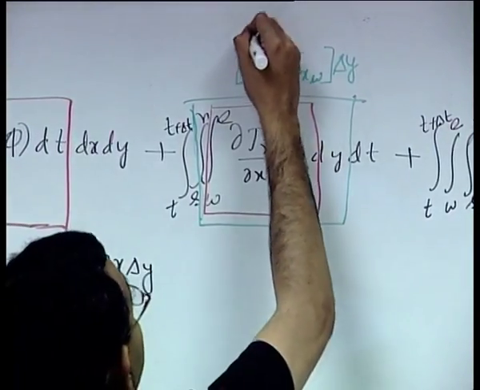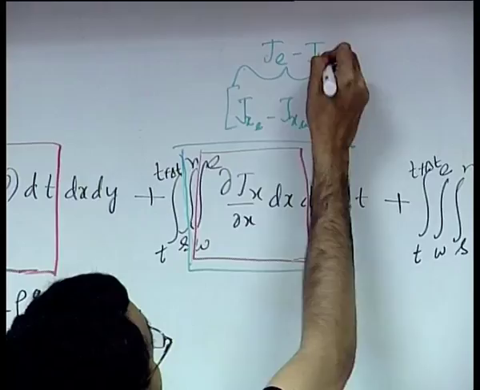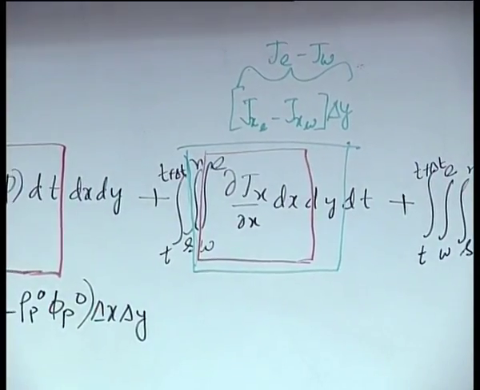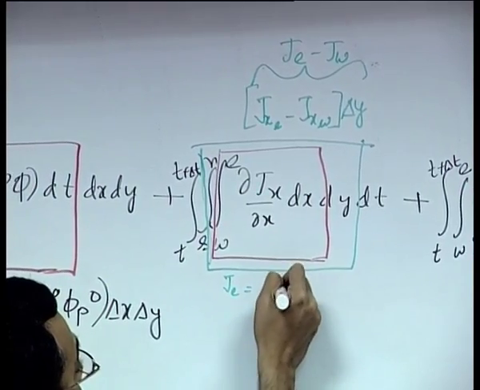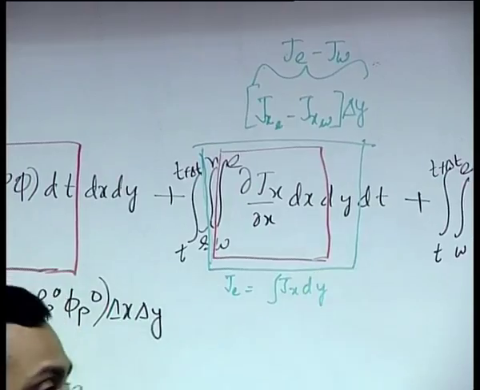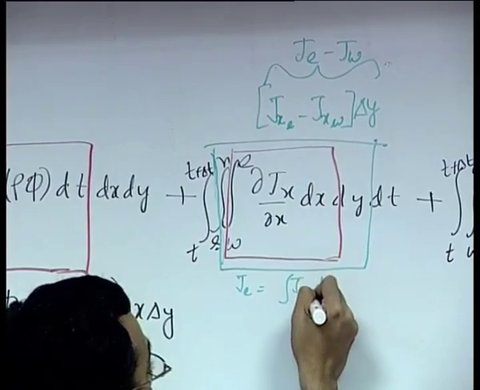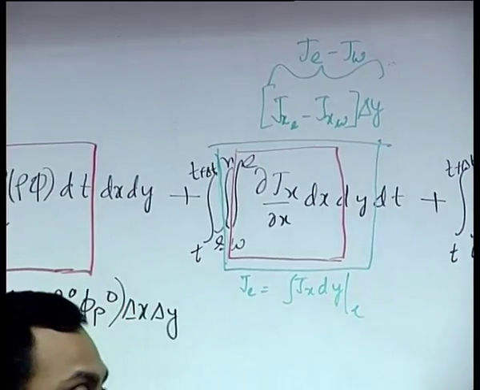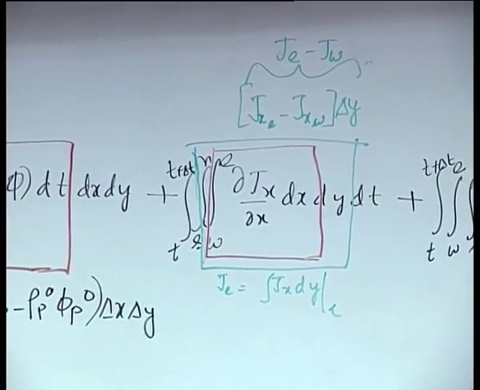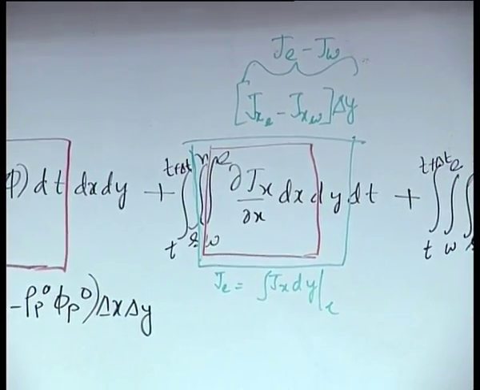This we call Je minus Jw, where what is Je? Integral of Jx dy or Jx into delta y, so to say, at E. Similarly, the same at small w is Jw.